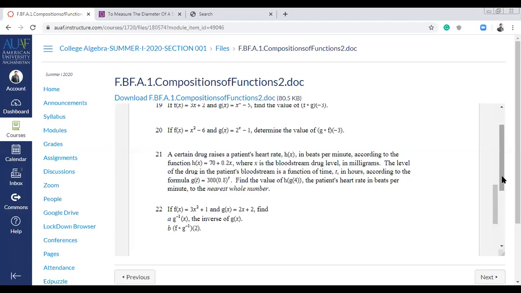I think the power is t. Yes, the power is t. So we need to find h of g of 4. g of 4.